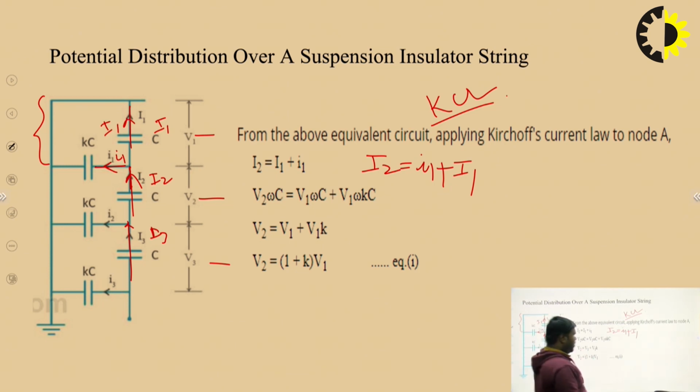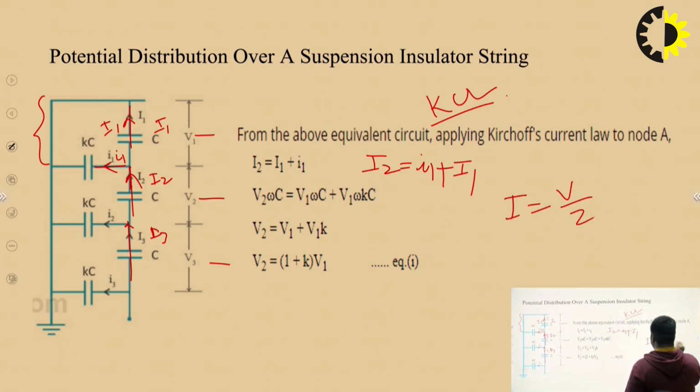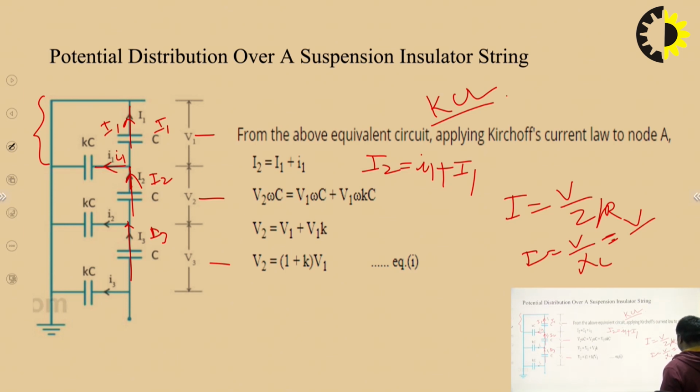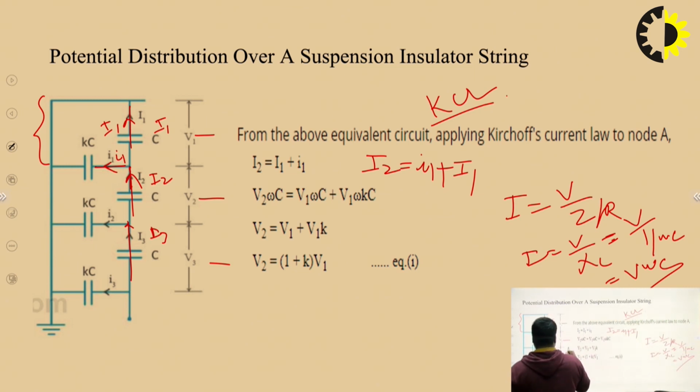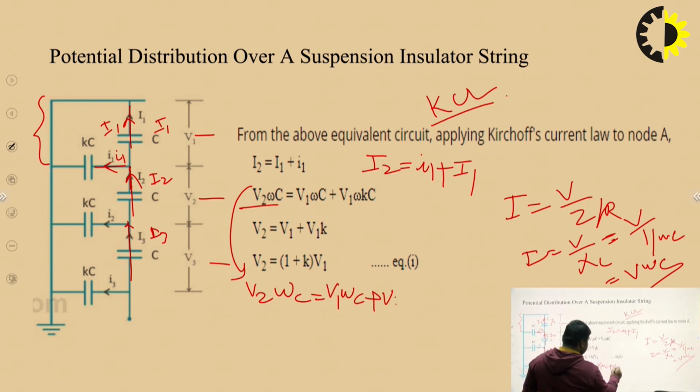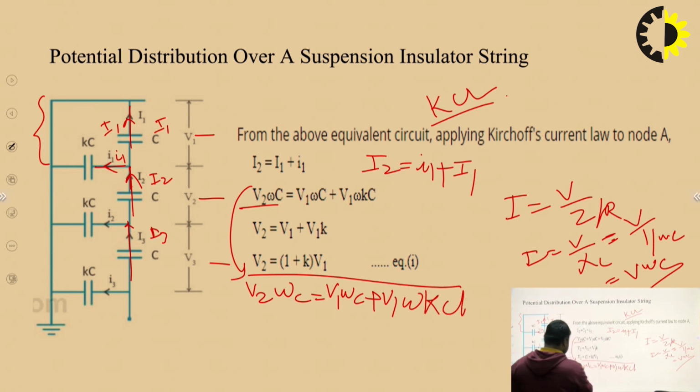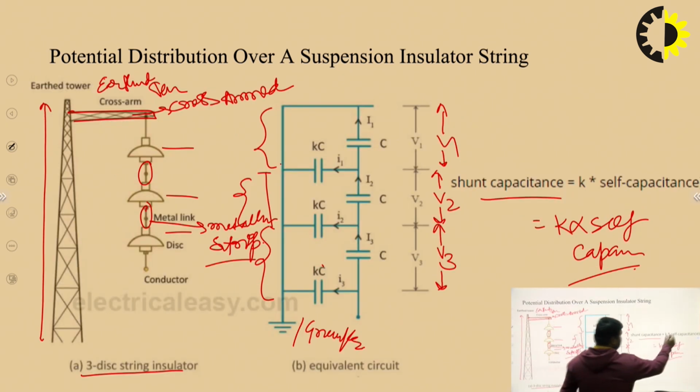What is I equal to? V by Z. For the capacitance, the reactance is XC, so I equal to V by XC, and XC equals 1 upon omega C, so I equals V omega C. So for I2, V2 omega C, and for I1, V1 omega C plus V1 omega KC, because K is a factor: the shunt capacitance equals K into the self capacitance.